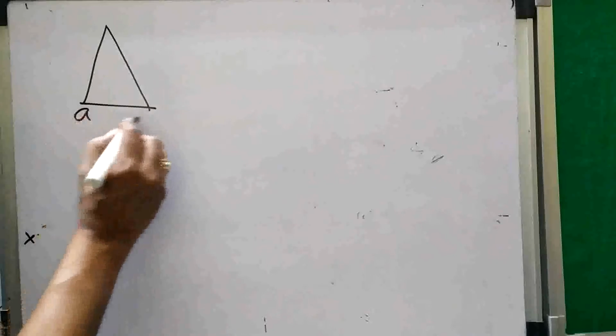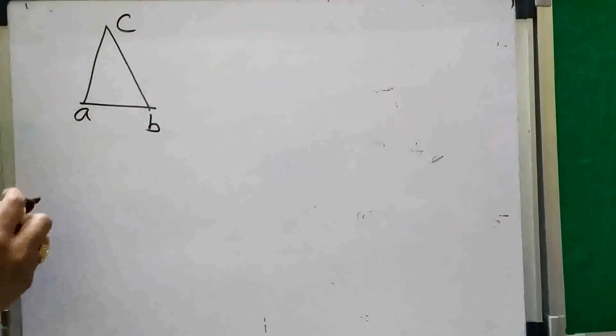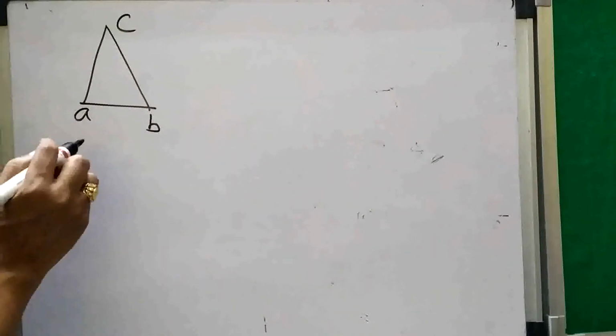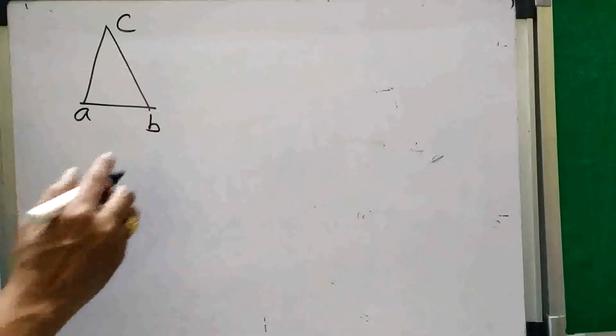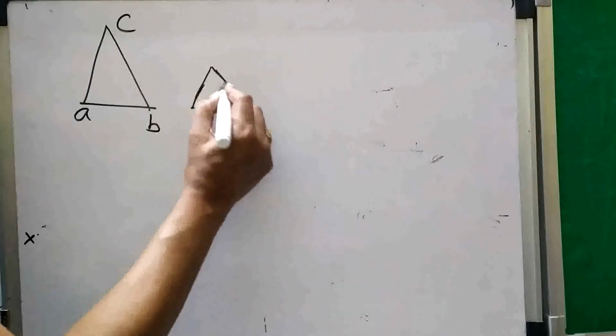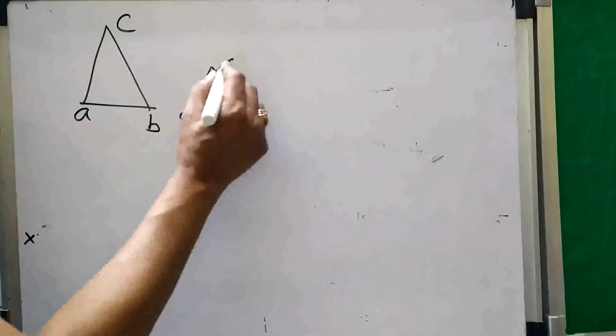For example, if I have an isosceles triangle ABC given, and it is given in the problem that this isosceles triangle looks like an equilateral triangle in the top view.